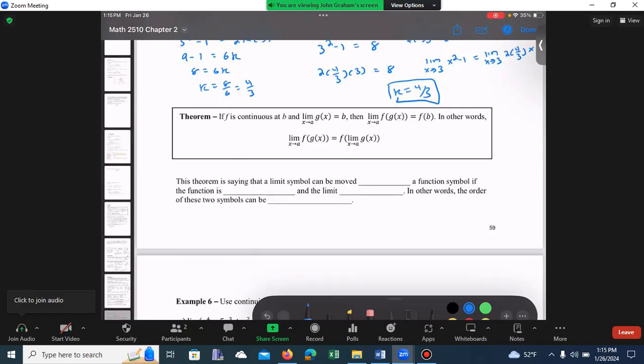So the theorem is saying that the limit symbol can be moved into a function if the function is continuous and the limit exists. In other words, the order of these two symbols can be switched.